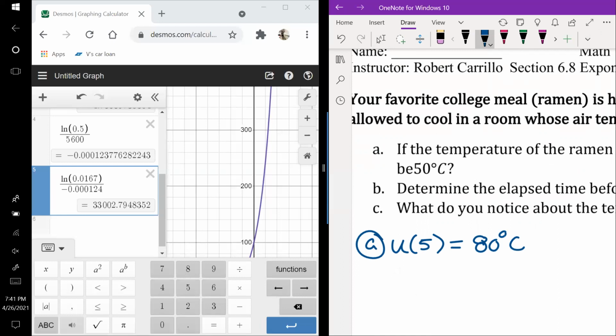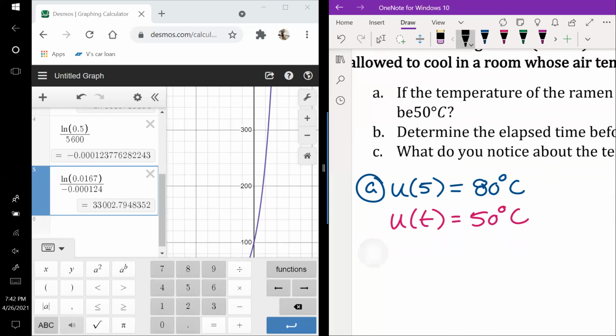And then we want to know, when will its temperature be 50 degrees Celsius? So there's some clues given. Okay, and now we want to fill out this equation from what we know.